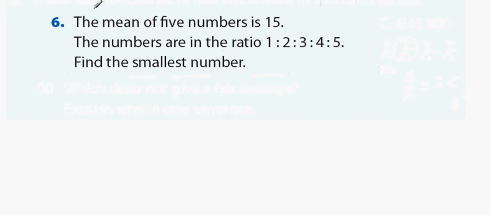Now, the mean of 5 numbers is 15. So that means 15 multiplied by 5. That means their total must be 75. Okay. The numbers are in the ratio 1 to 2 to 3 to 4 to 5. Now the key thing to remember with ratios is just add them all. So 1 plus 2 is 3, 3 plus 3 is 6, 6 plus 4 is 10, 10 plus 5 is 15. So these are all going to be 15ths, okay?